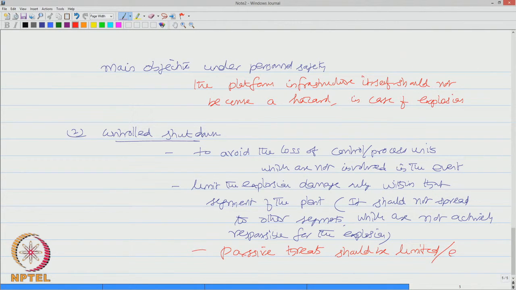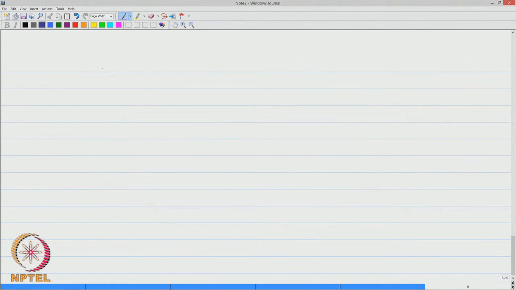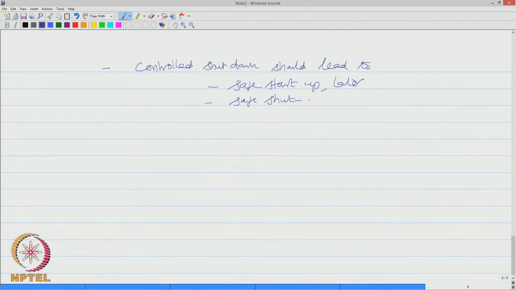In fact, they should be completely eliminated. So, controlled shutdown should lead to safe startup later, safe shutdown, instantaneous but not catastrophic.